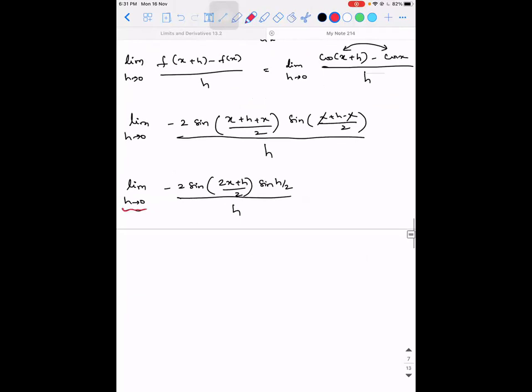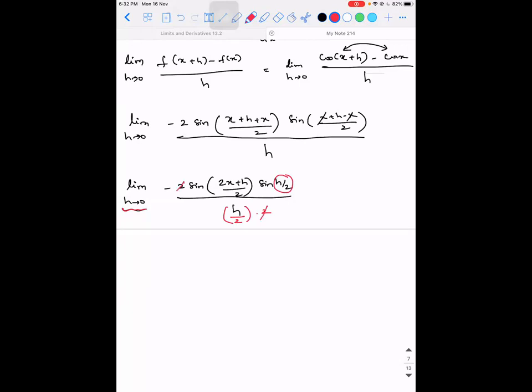So limit h tends to 0, sine h by h will be 1. But here you don't have h, rather you have h by 2. The denominator has h, so I will divide it by 2 and compensate it with a 2. Got it? That is why I used a different color.